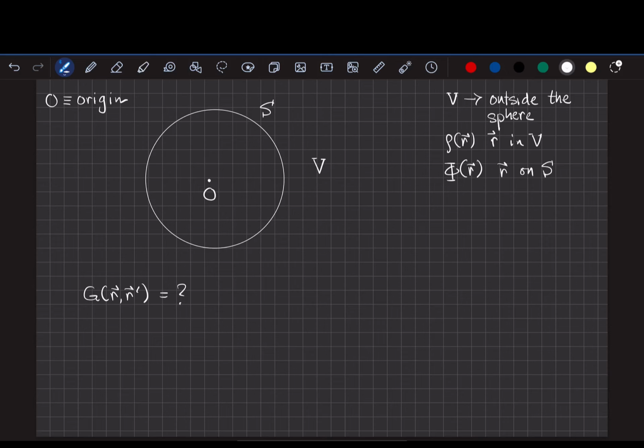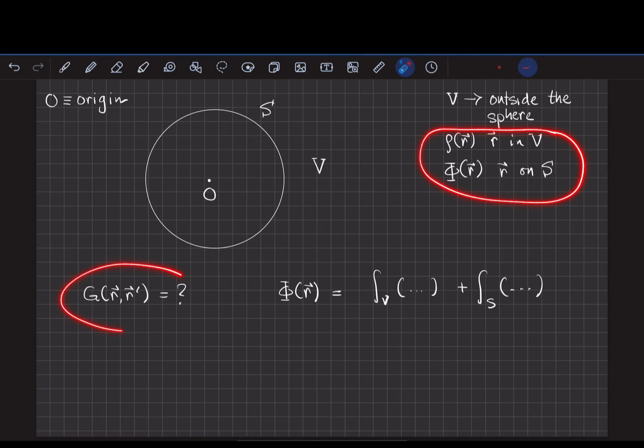And once we have the Green's function, we can solve the potential using the volume integral and the surface integral. So we would still have to solve the integrals, but however, at least we can find a way to express our potential in terms of these known quantities and the Green function.